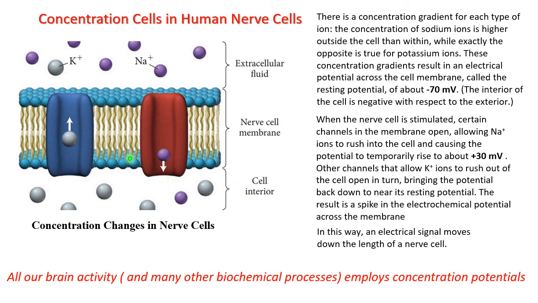The result is a spike, or change in electrochemical potential across the membrane. In this way, not going into details, an electric signal moves down the length of the nerve cell and transmits the nerve information. So all our brain activity, as well as many other biochemical processes, employs concentration potentials.